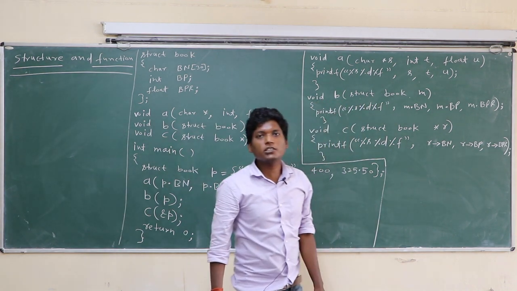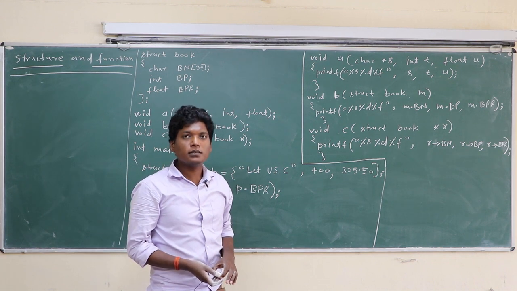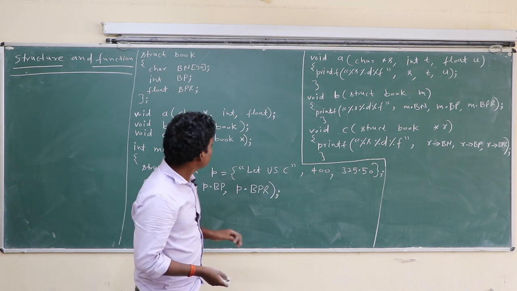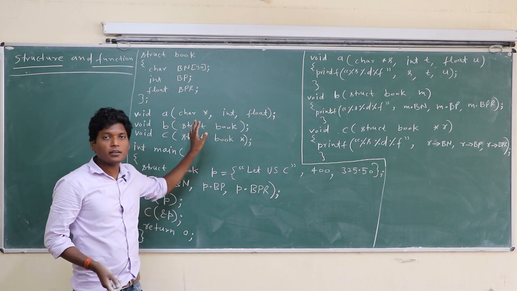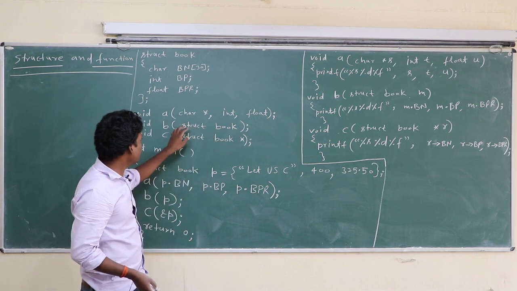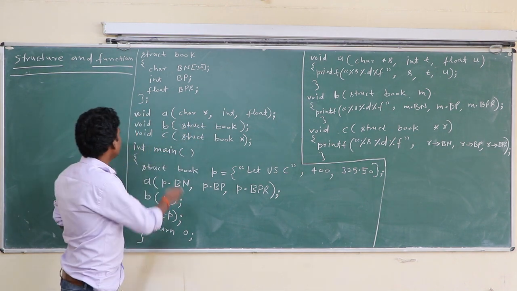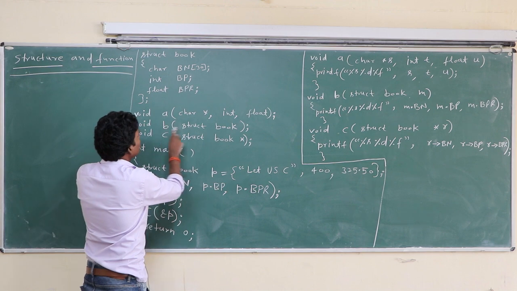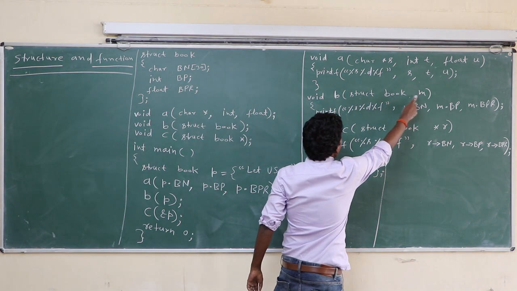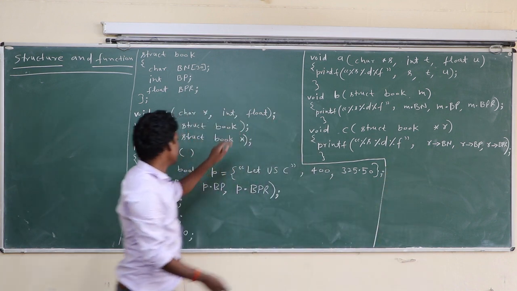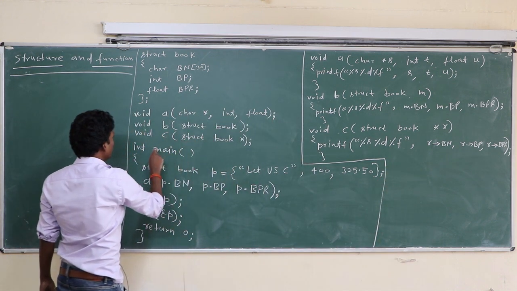In function prototype declaration, we do not mention the variable. So variable will not be mentioned, but if there is a data type, that will be mentioned. Okay, so void B struct book, variable will not be mentioned in the function prototype declaration.